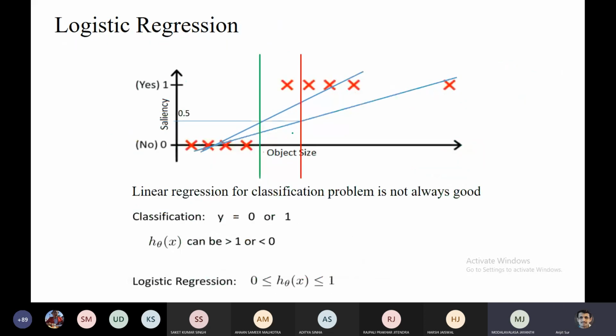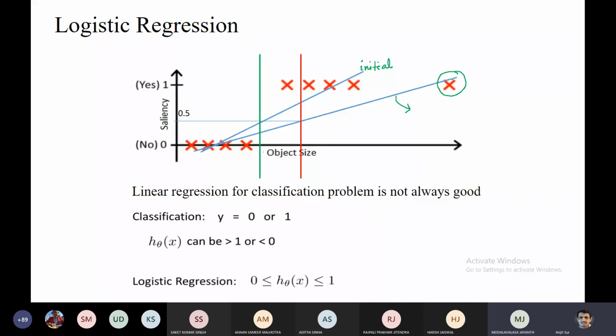Now you see that one x may be on the higher side, which is also possible. Then our hypothesis function, or line fit, changes: in the previous example it was this, but now x is here, so our line is something like that.